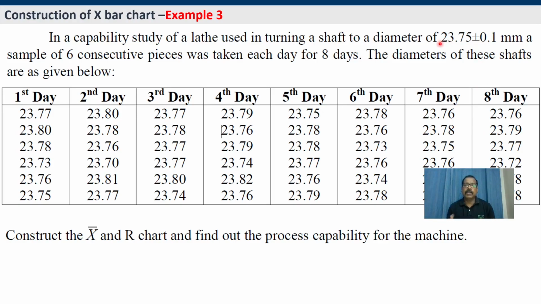It is required from the production as 23.75 plus or minus 0.1, in the sense either 23.85 because 0.1 is there, or 23.65. So between 23.85 and 23.65, what is the maximum to minimum difference? 0.2 millimeter.